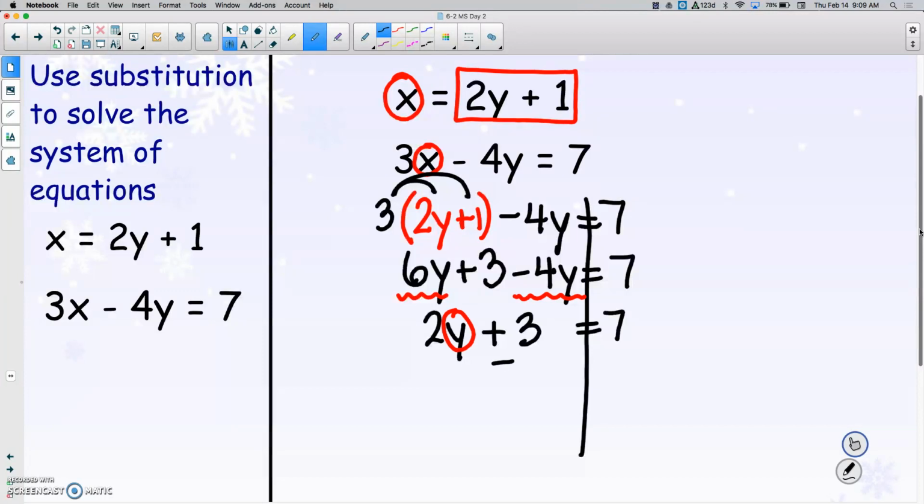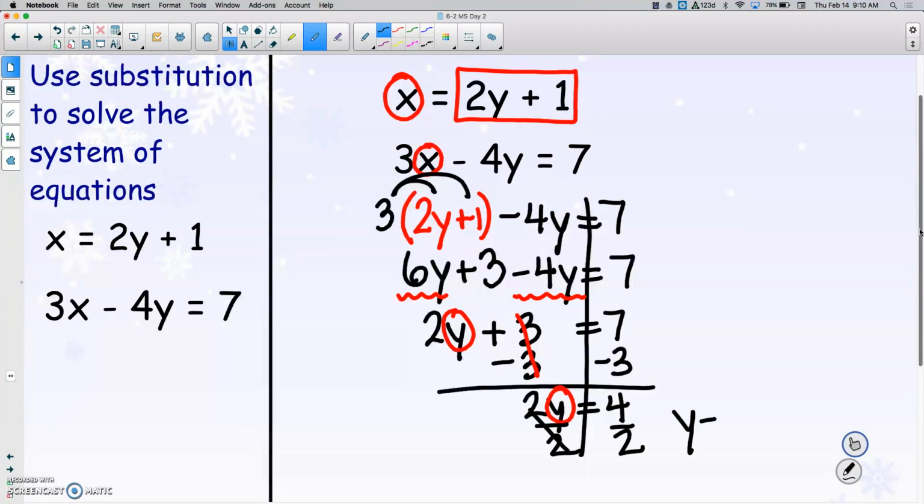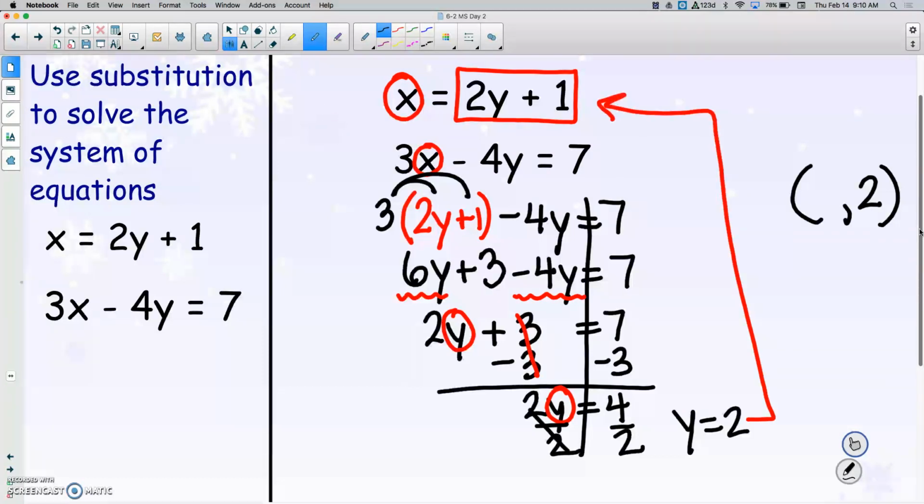And then the inverse of adding 3 is subtracting 3. So I subtract 3 on both sides. So 2y equals 4. And then I need to divide by 2 on both sides. So y equals 2. So for this system, we found the y-coordinate first. So the y-coordinate is 2. I bring that back up to my rectangle, and my equation said x equals 2 times y plus 1.